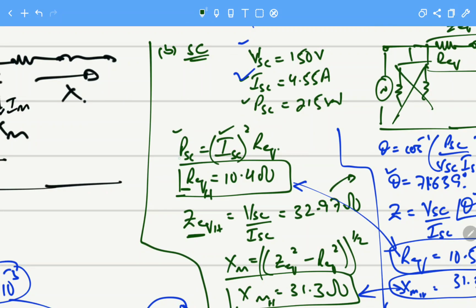This P short circuit that was given here is all of the power that is being consumed in the copper of the transformer winding.